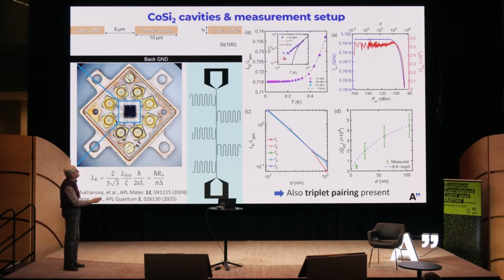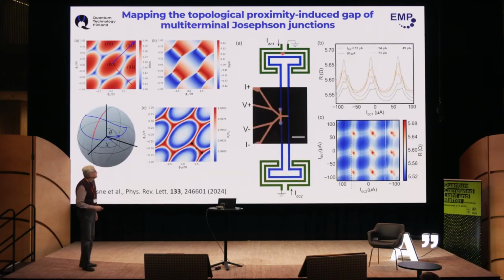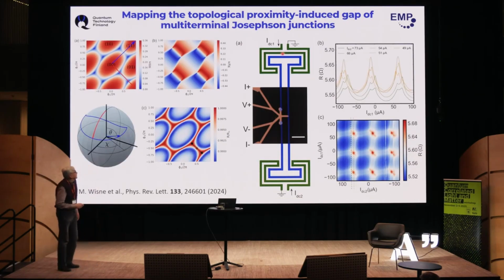And you can see that it's a power law behavior, and there's an indication that it's not the regular BCS type of superconductor, but rather it also has triplet pairing. And this power law is an indication of that. This is a collaboration with Venkat Chandrasekhar in the US at Northwestern University.